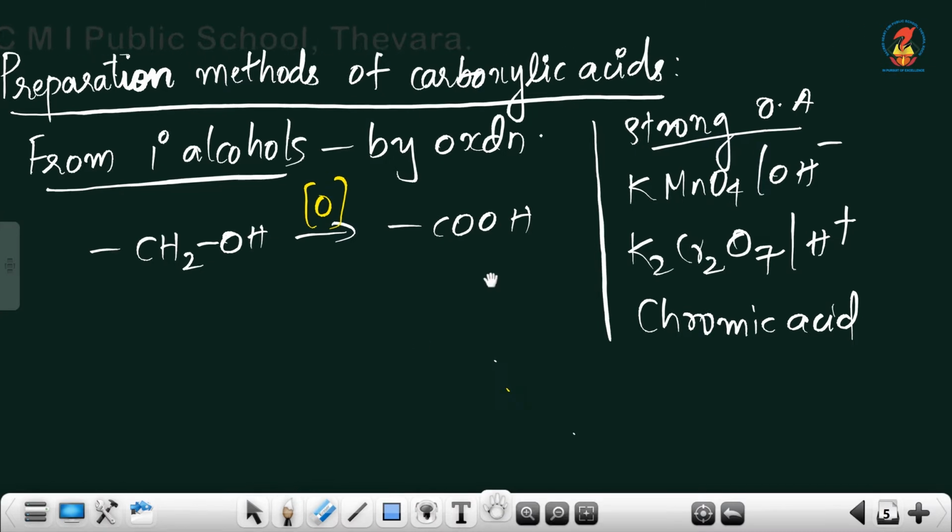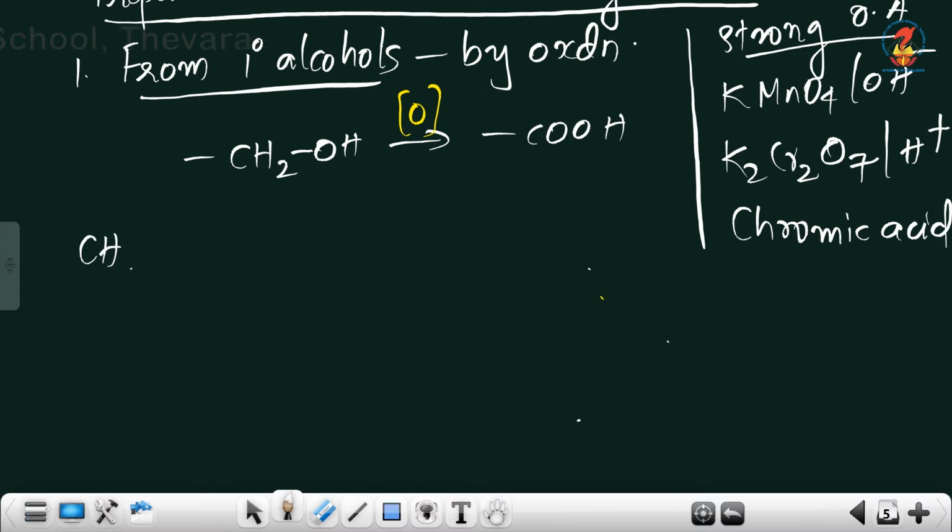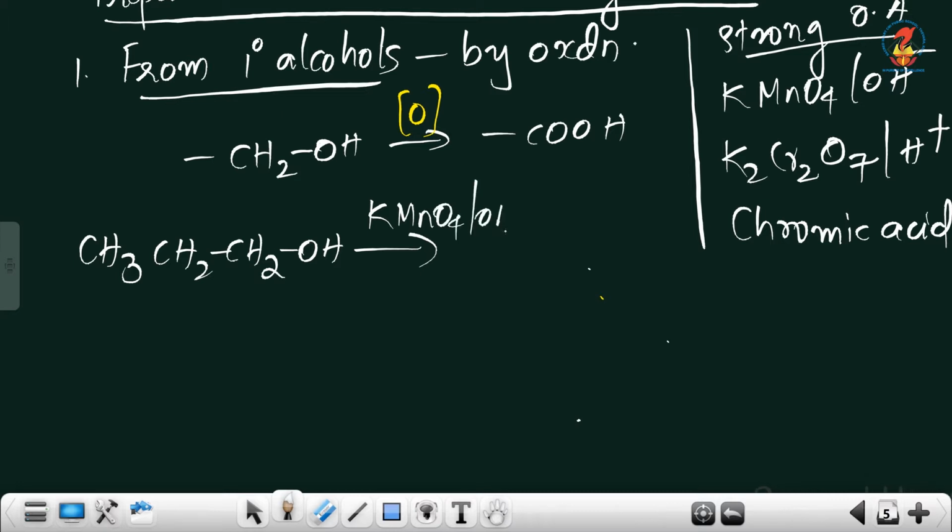For example, CH3CH2CH2OH. Above the arrow, if it is written as KMnO4 bar OH minus, that means above the arrow the reagent used is alkaline KMnO4, and we know that it is a strong oxidizing agent, and here we have a primary alcohol.